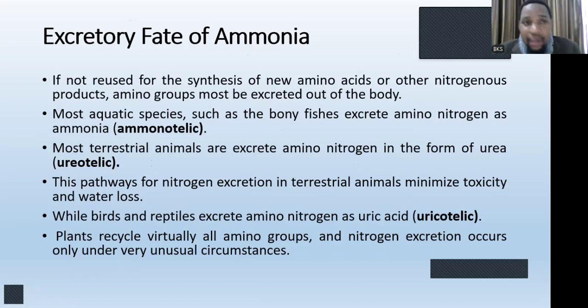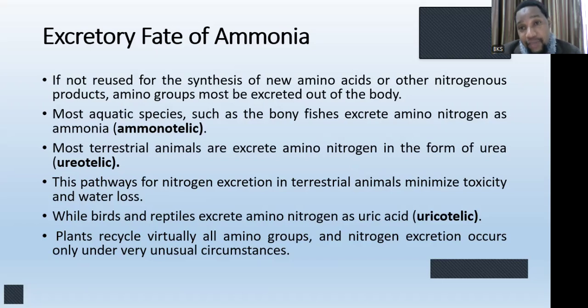Okay, so what happens to ammonium? After all the ammonia is produced inside the mitochondria in the liver, what happens to it? It depends on the organism. Some organisms, like aquatic species, can excrete amino nitrogen in the form of ammonia. They are called ammonotelic. Then you have some terrestrial animals, like birds and reptiles, that excrete it in the form of uric acid.